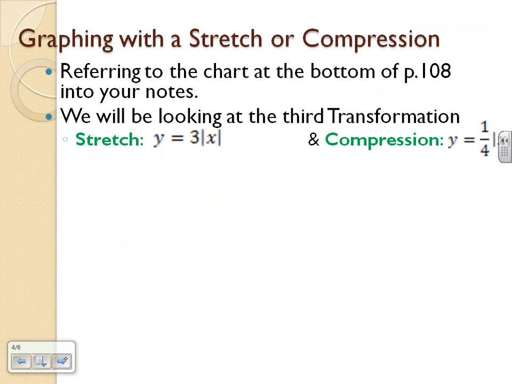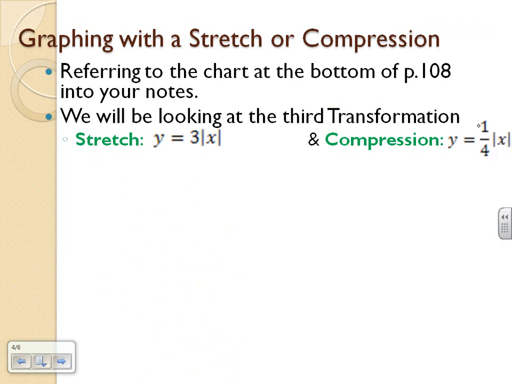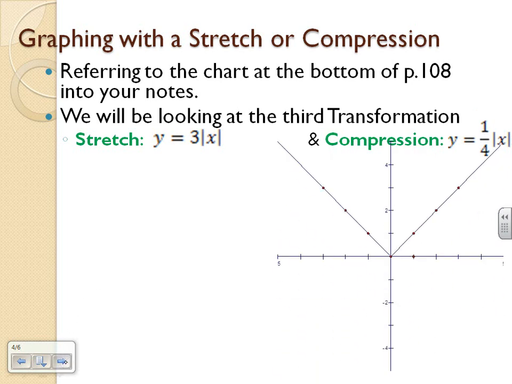Now let's look at a compression. Y equals 1/4 absolute value of x. Because 1/4 is between 0 and 1, this is going to be a compression. And once again, it's still acting as a slope.